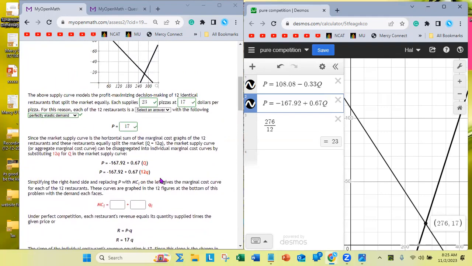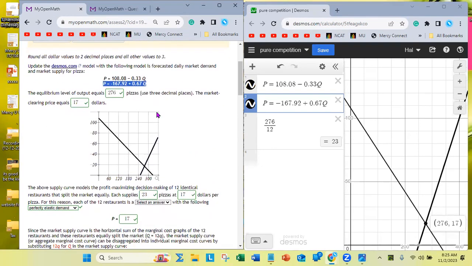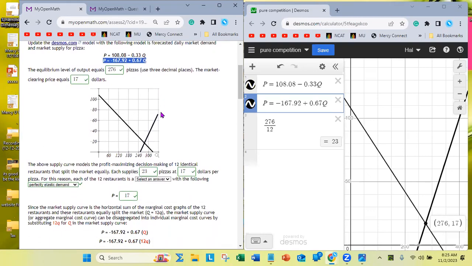Now, the market supply curve up here, you can also think of it as the aggregate marginal cost curve for the market, since the market supply curve is the horizontal sum of the marginal cost graphs of the 12 restaurants.